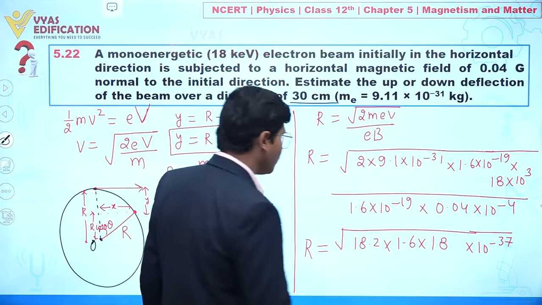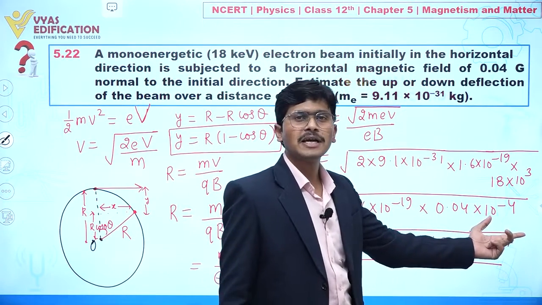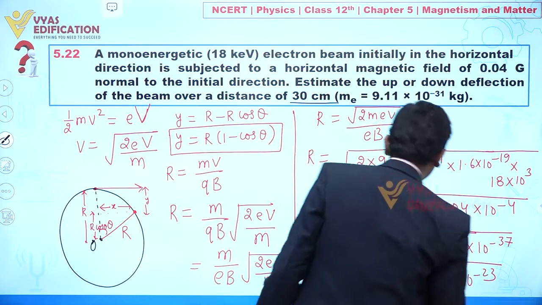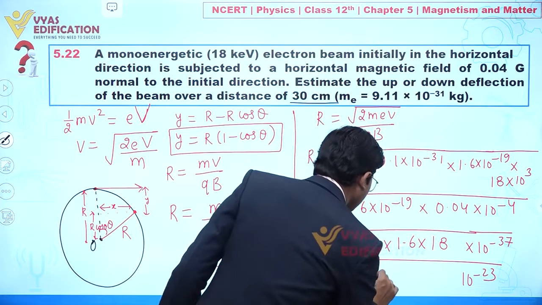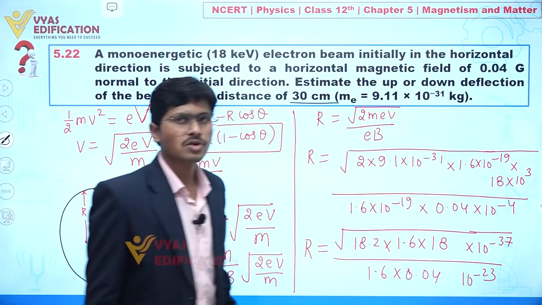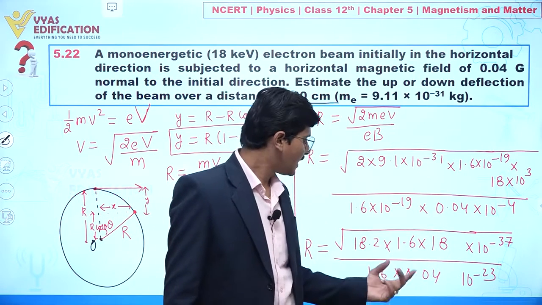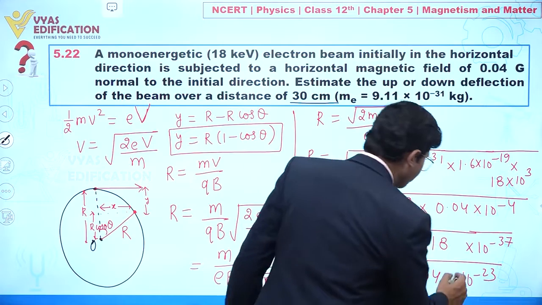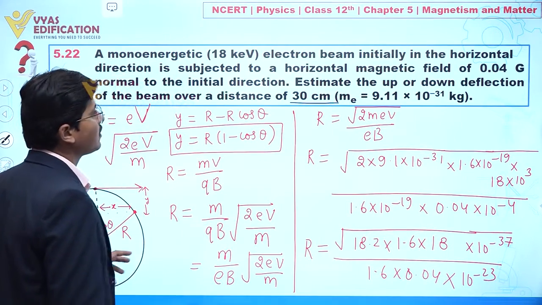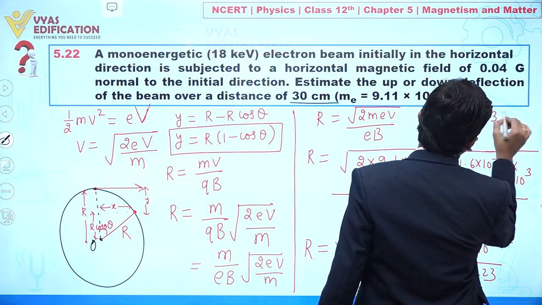Yes or no? Now it is divided by 10 to the power minus 19, 10 to the power minus 4, which is 10 to the power minus 23, and 1.6 multiply 0.04. If you solve this calculation, take the square root and divide by all these values, you will get the value of capital R as 11.3 meter. Approximate value, I am saying, is 11.3 meter.